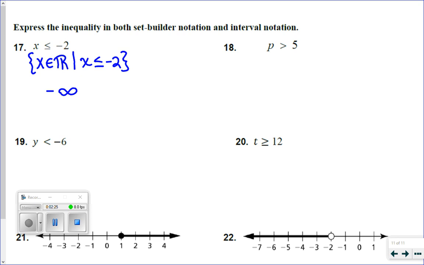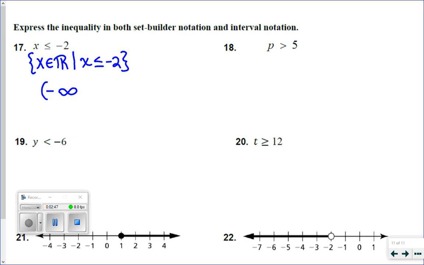Okay, so if it's -infinity because it's a less than, then it never includes that value because there is no such thing as a value of infinity. So it is just going toward that, but it never actually includes that value. So we leave it as the parentheses, which means that's your endpoint, but not including that. It's like an open circle, if you will.